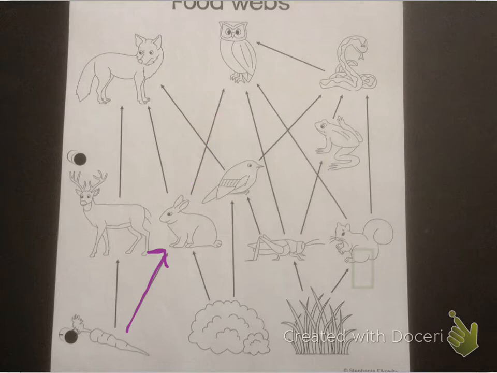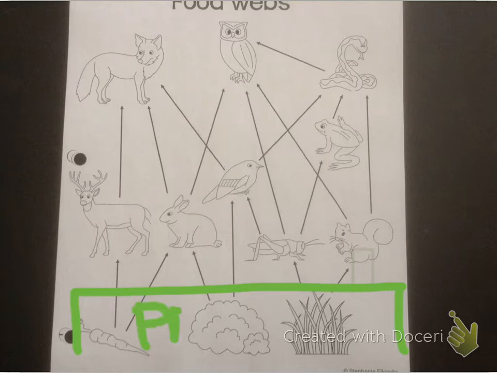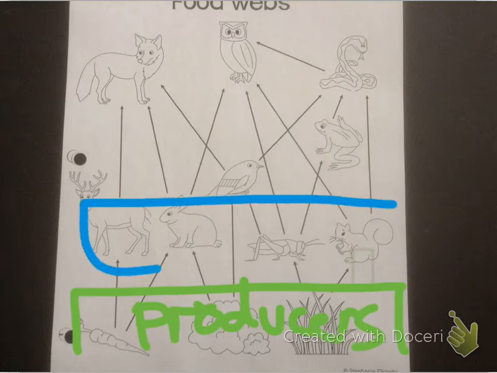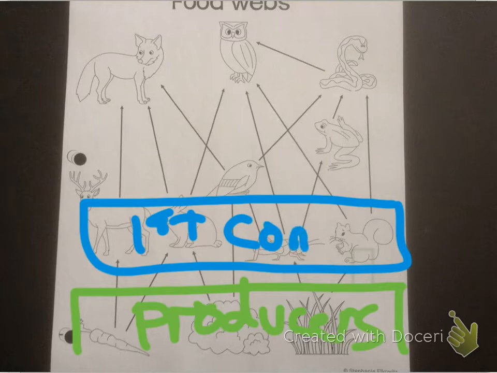Now, a couple walkaway points from the design of a food web. First off, you will notice that down here at the bottom is going to be our producers. And then as we move up, we're going to get into our different types of consumers. So our next level kind of here are our primary or our first consumers.